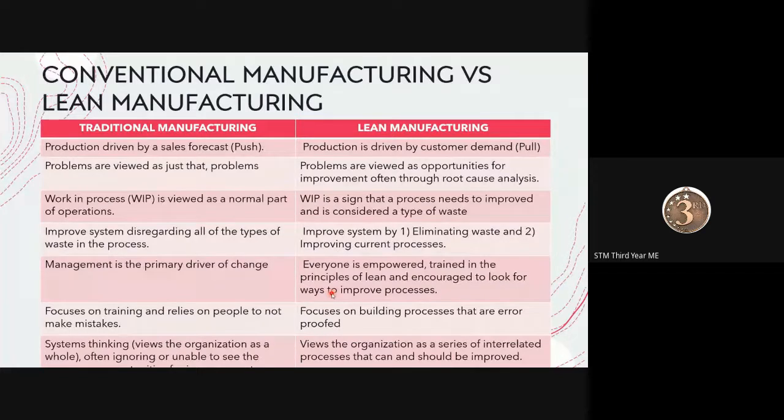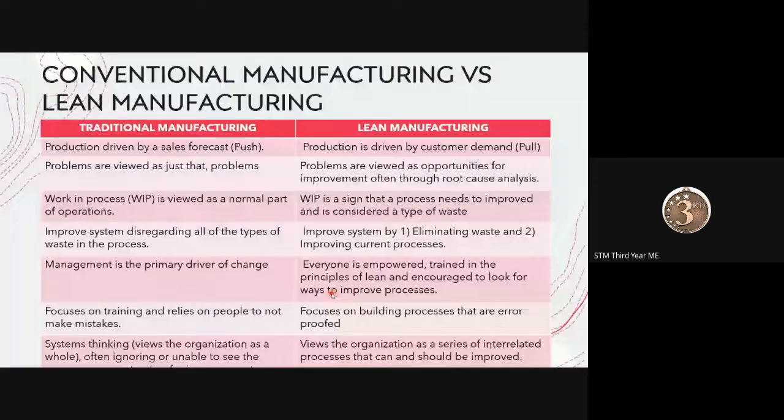The wastes that we mentioned earlier are never considered, and are always treated as a part of the manufacturing system. In lean manufacturing, it improves the system by eliminating waste and then improving the current processes. So both are being carried out: we are updating the technology and also eliminating the waste.